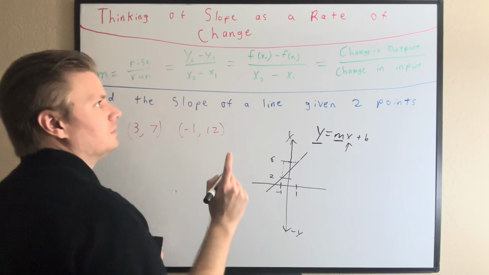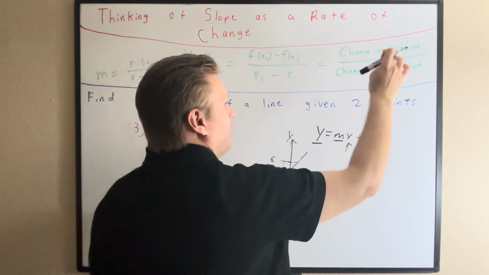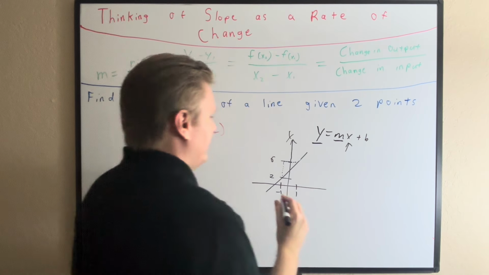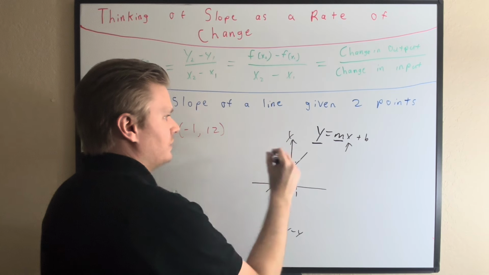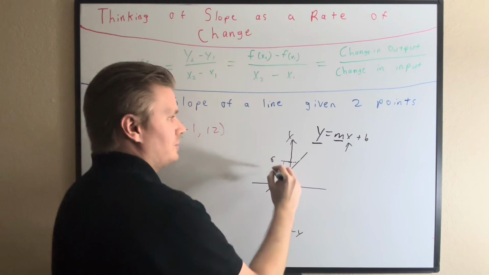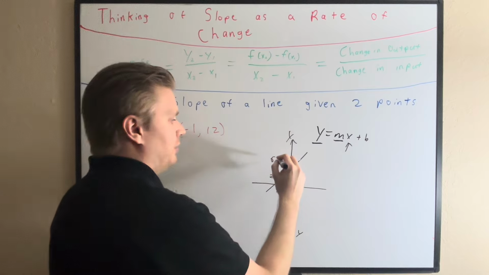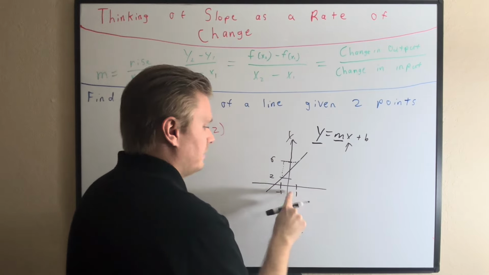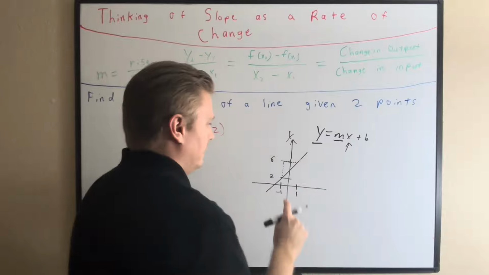And when you have the change in output over the change in input, you get slope, because there is a certain amount of change in output per 1 unit of input, right?